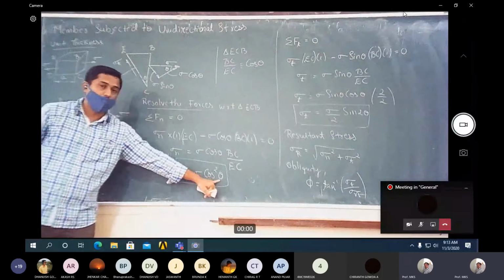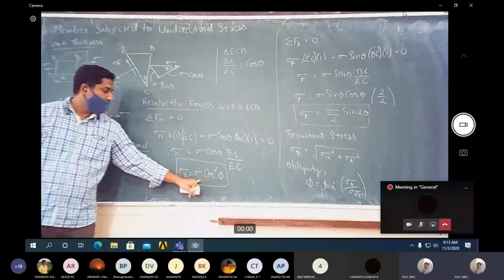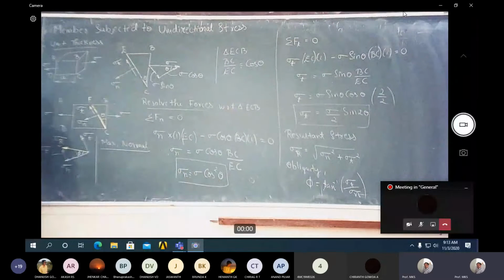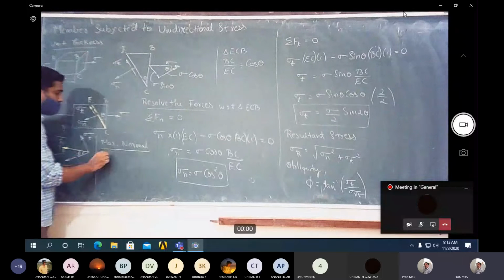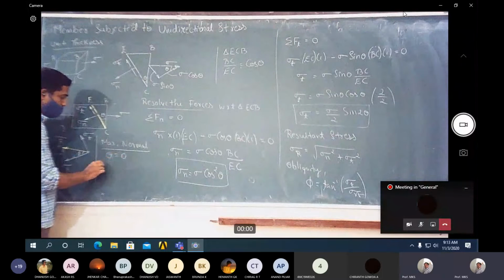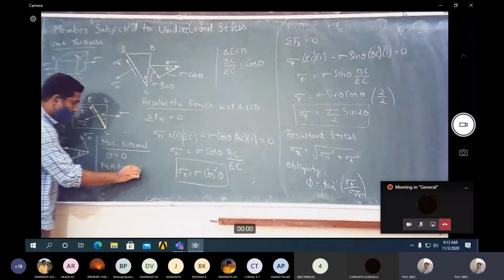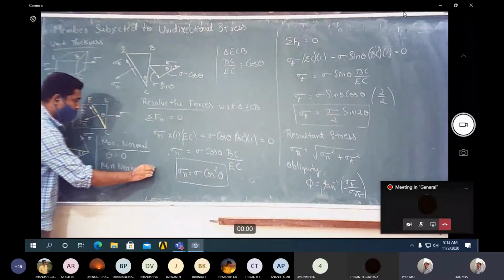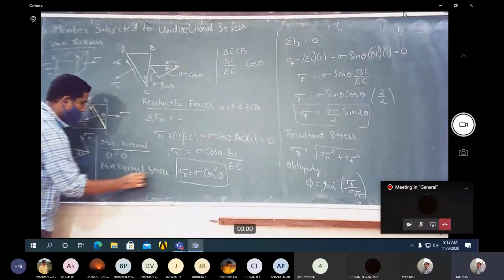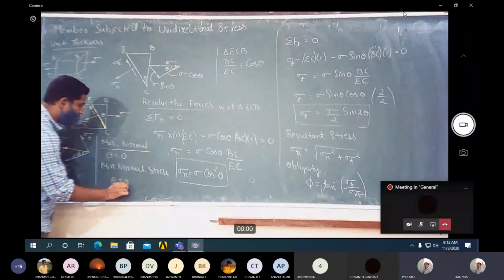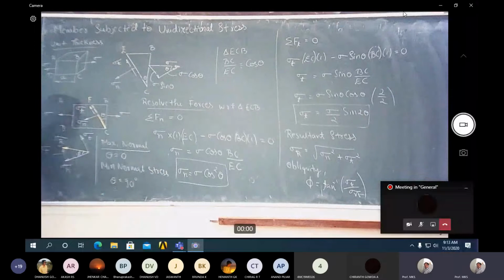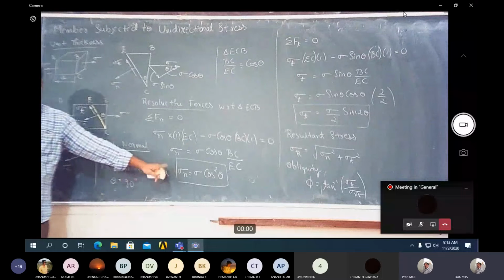So the maximum normal stress exists when theta is equal to 0, and the minimum normal stress when theta is equal to 90 degrees.